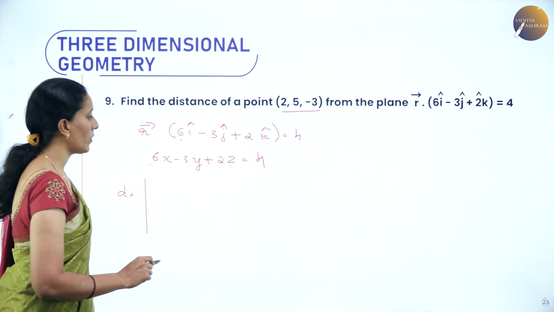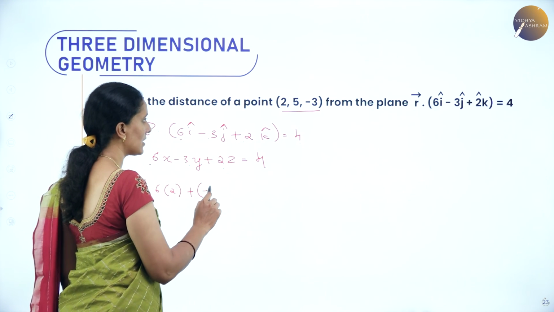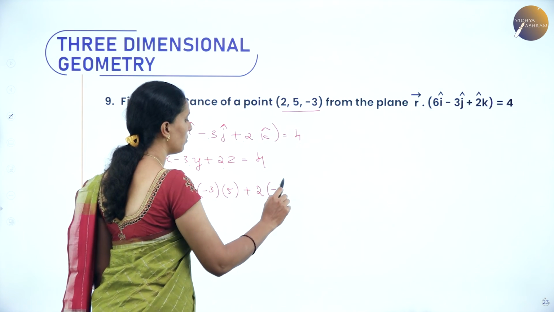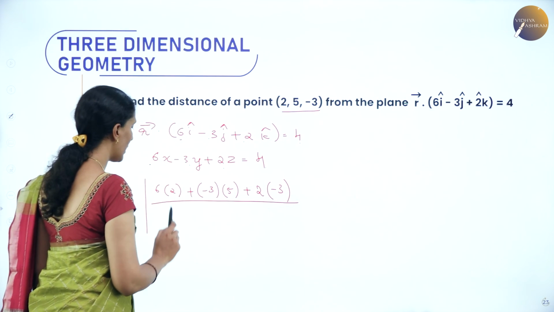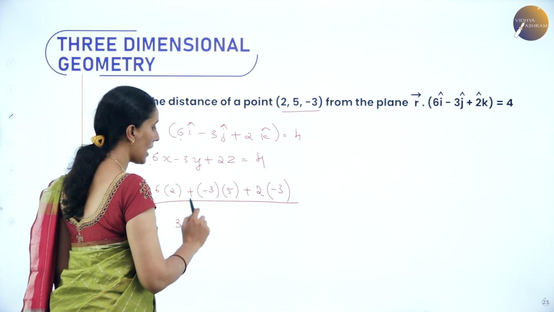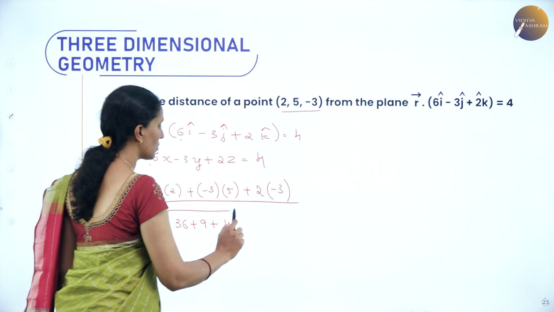Distance is a into x1, 6 into 2, b into y1, -3 into 5, c into z1, 2 into -3. Square root of a square, 6 square is 36, b square -3 is 9, c square 2 square is 4, under the square root.